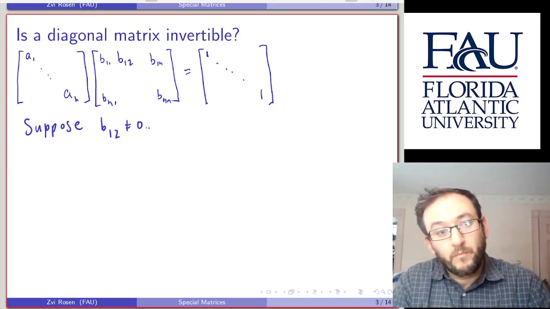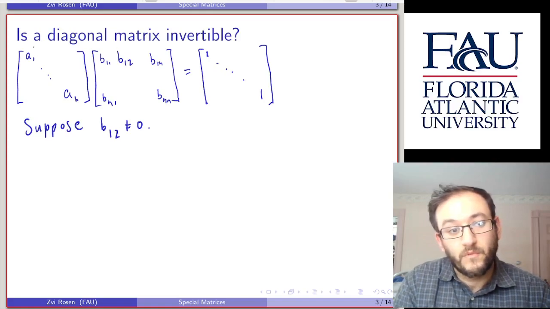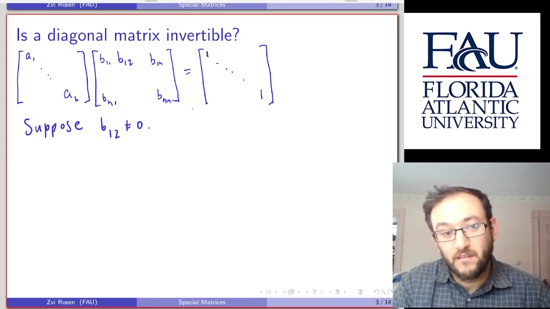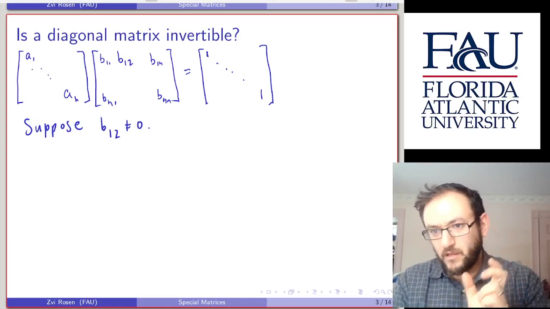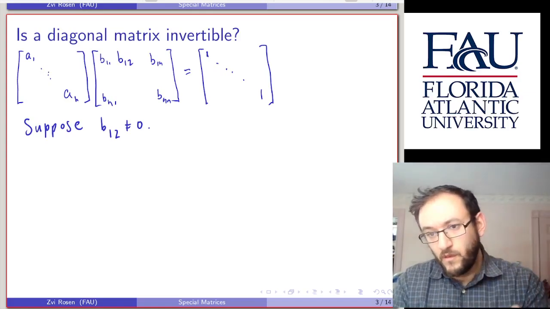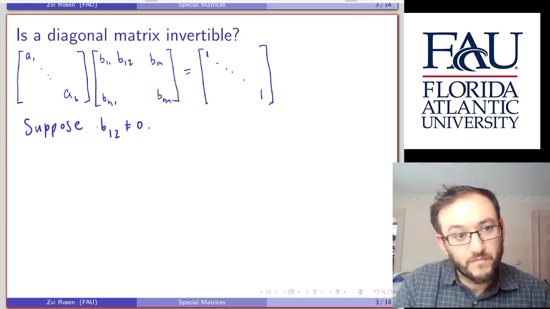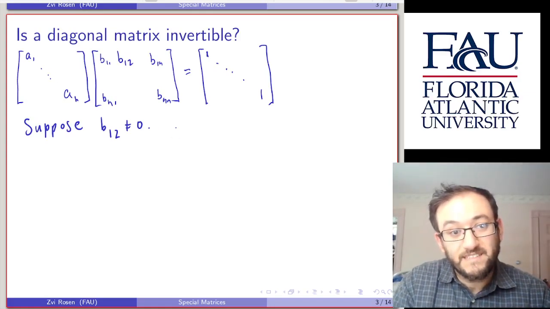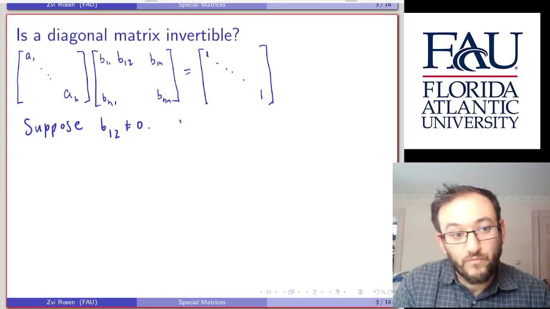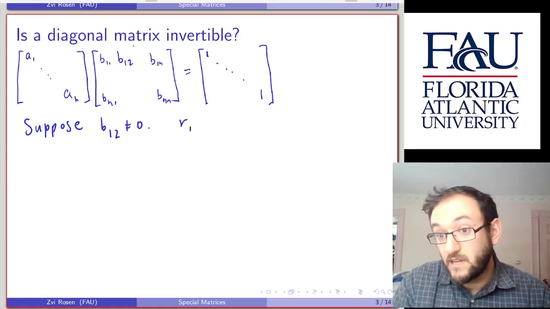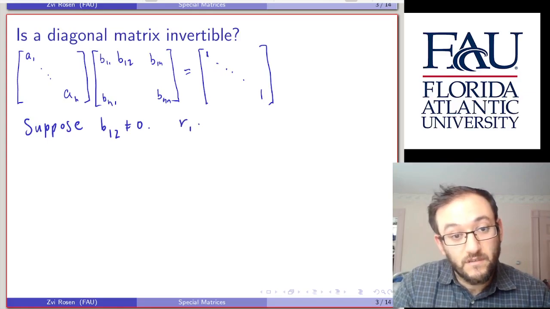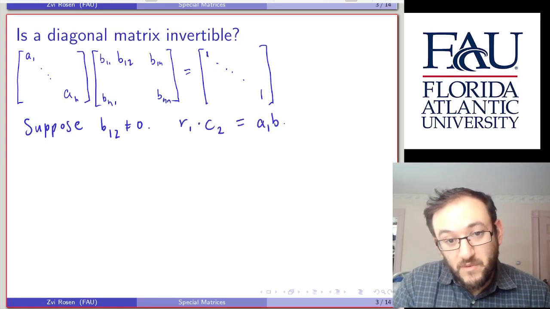Then if I'm looking at the dot product of the first row of A with the second column of the inverse, that's going to be equal to a_1 times b_12.